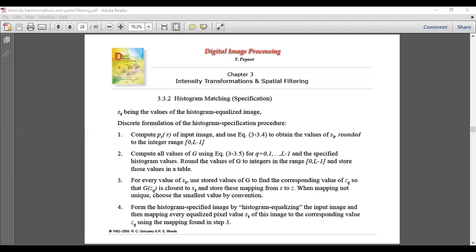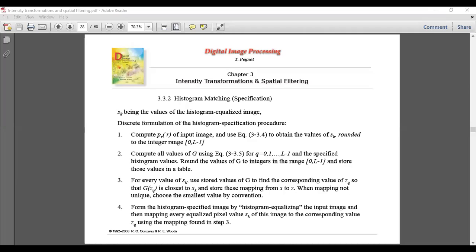Suggest me the fourth number. 0 0 1 0 5 6, 1 2 3 4 5 6 7 8, then 1 2 2, 2 2 2, 1 1 1. Okay, there is my image.